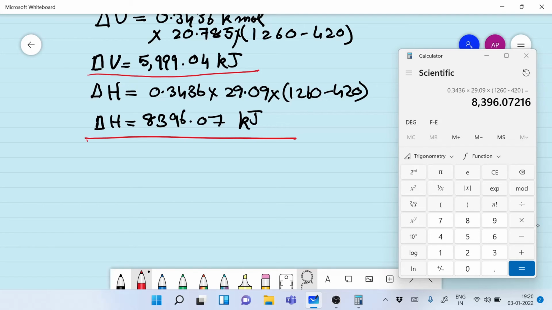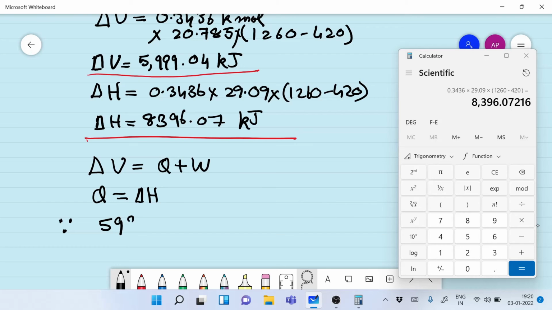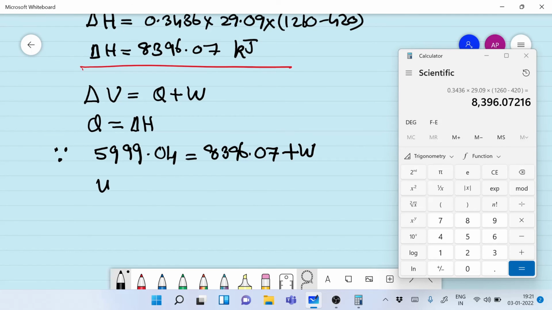If we apply the first law to this process, we get delta U is equal to Q plus W. And since it's a constant pressure process, we have Q is equal to delta H. Therefore, substituting, we get 5999.04 is equal to 8396.07 plus W. So the work done is equal to 5999.04 minus 8396.07.